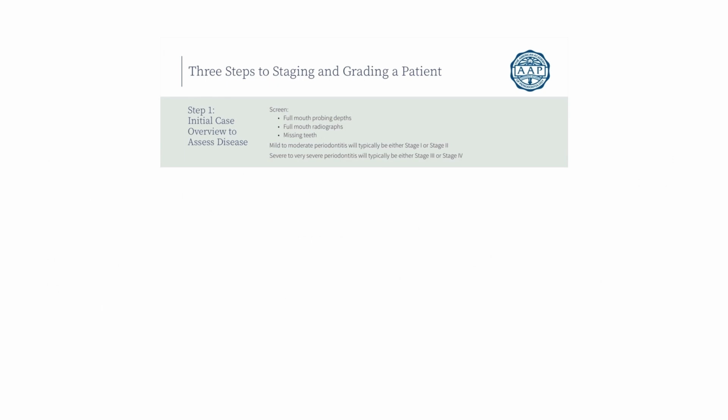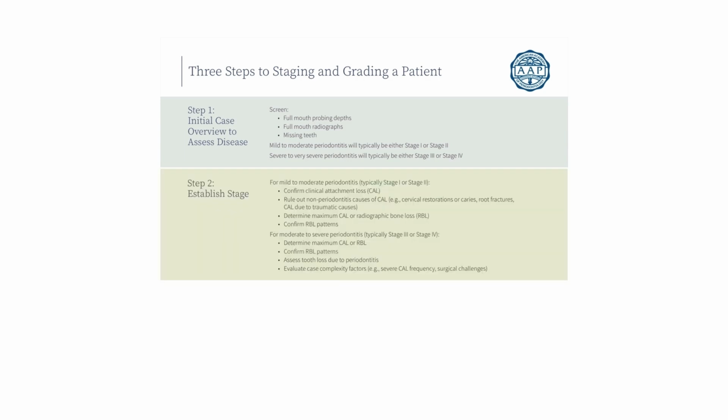So the steps for staging and grading: step one is initial case overview. Once we say this is a suspected case of periodontitis, we'll do full mouth radiographs, full mouth charting, and we will ask about the history of periodontal tooth loss, right? And then we will establish whether this patient belongs to stage 1 or 2 or stage 3 and 4, right?